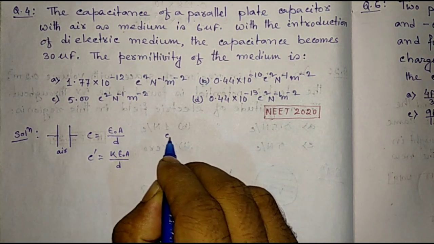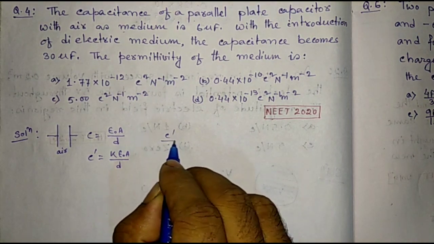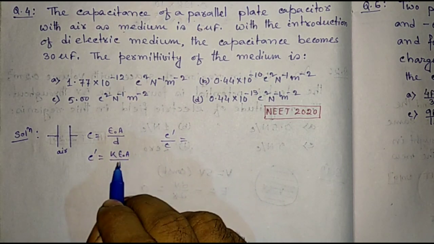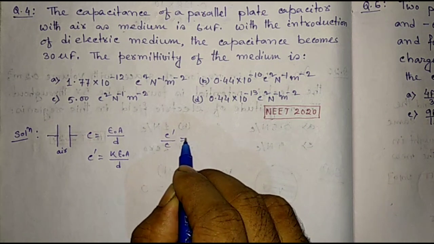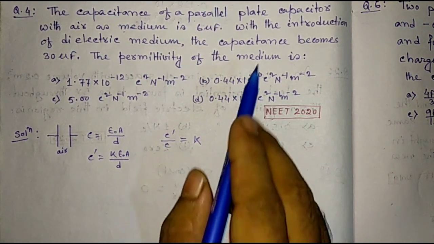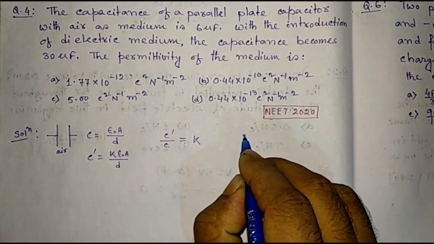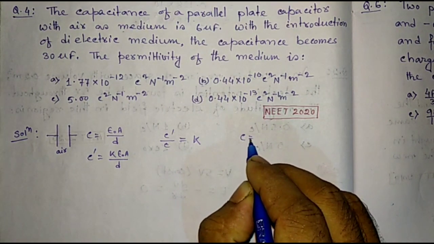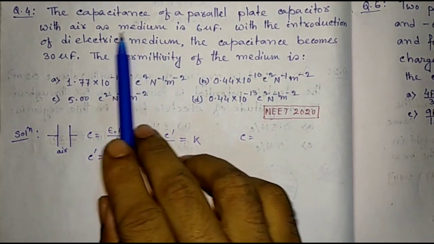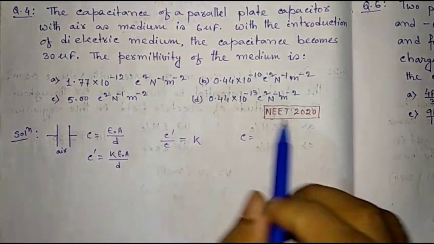Now C dash by C is equals to, from these two equations we get, K. In the question C is given, it is the capacitance between the two parallel plates when air is the medium.